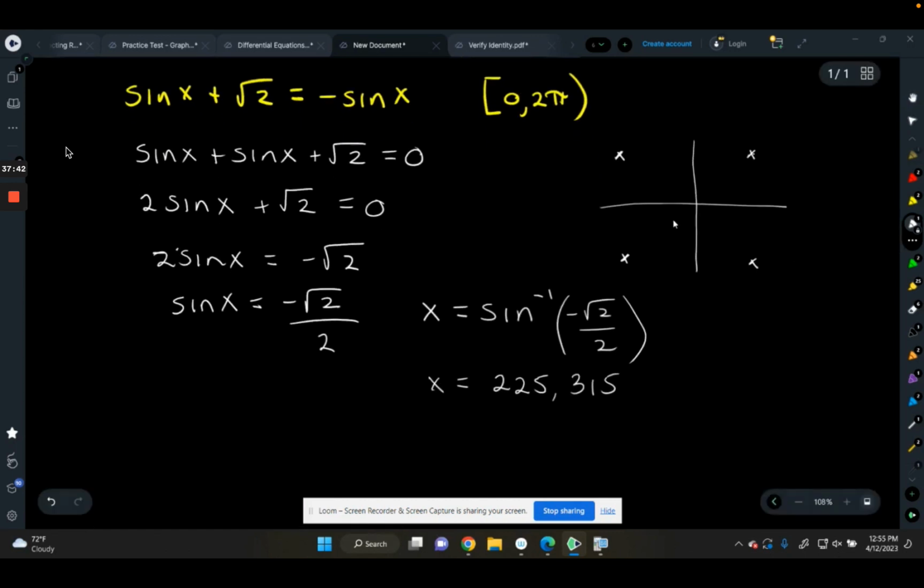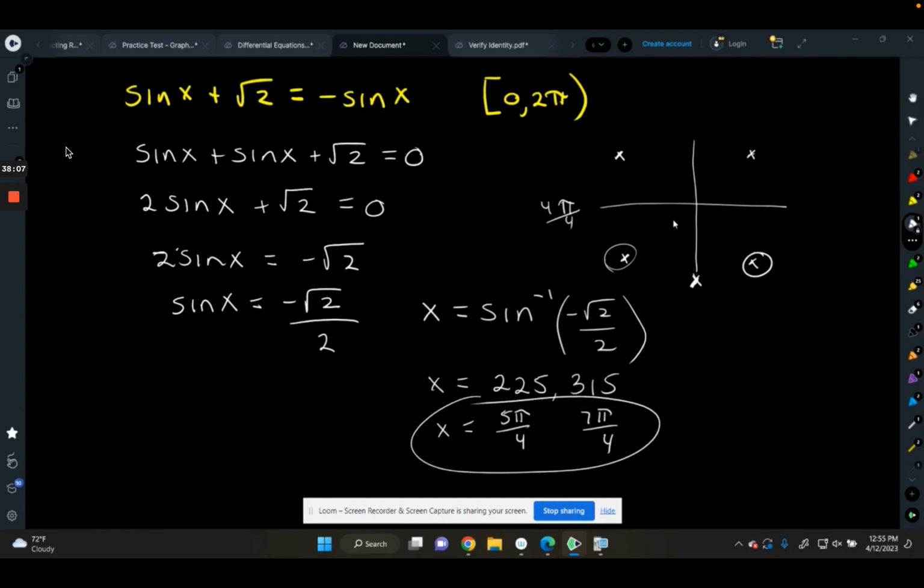Okay, so this is pi, right? Or 4 pi over 4. So what's this one? 5 pi over 4. Then we have 6 pi over 4, and then this is 7 pi over 4. And there's our answer.